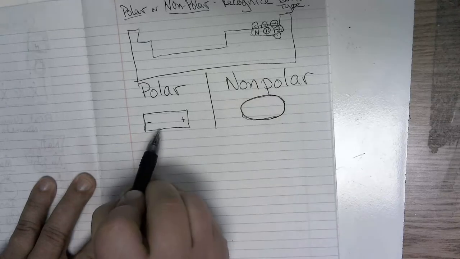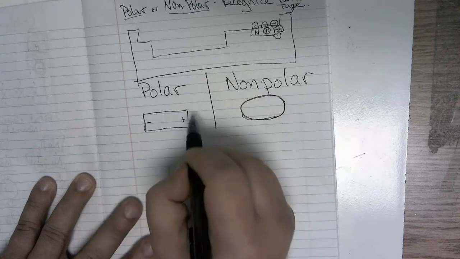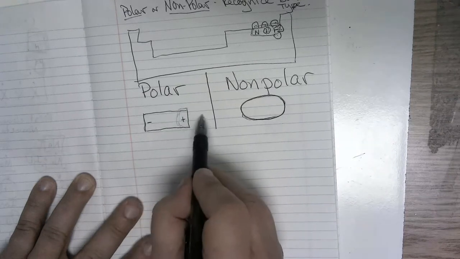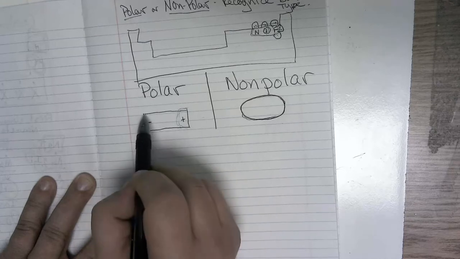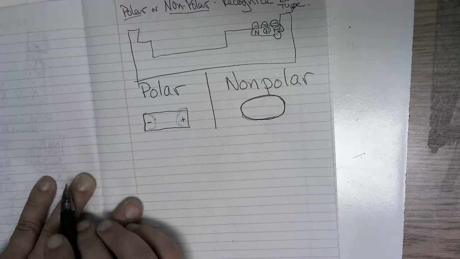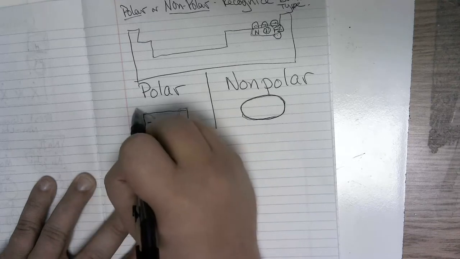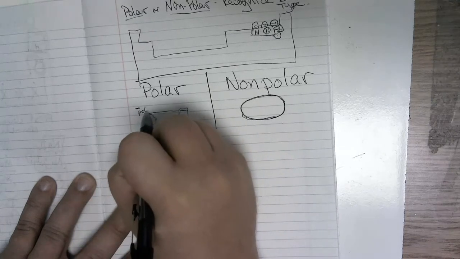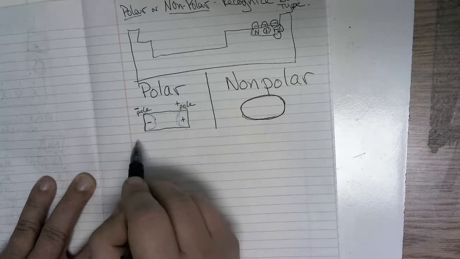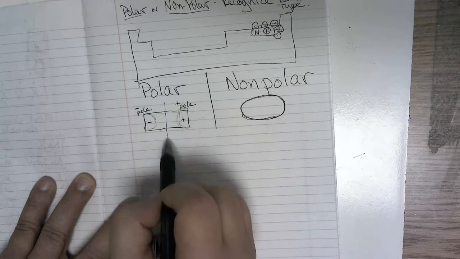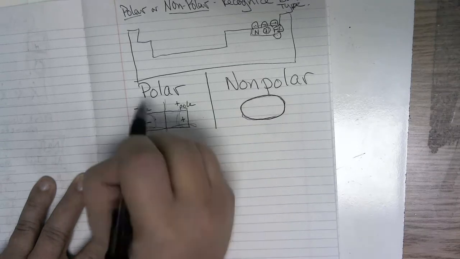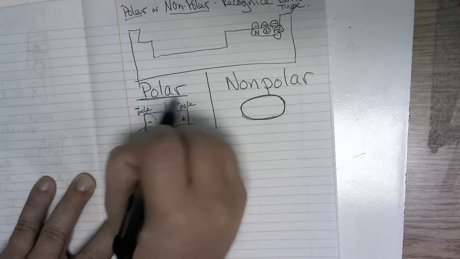But on this polar structure, I have a positive side with a magnetic attraction to negative, and a negative side with a magnetic attraction to positive. I create the negative pole and the positive pole on this magnet, and by having those opposite sides with opposite charges, that's what it means to be polar.